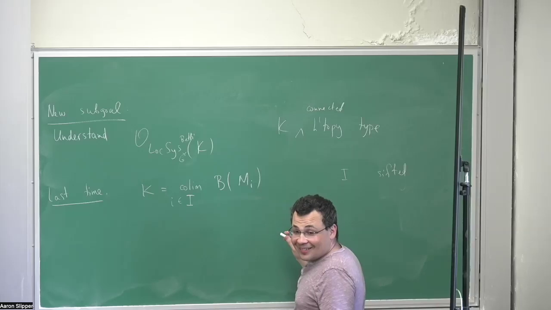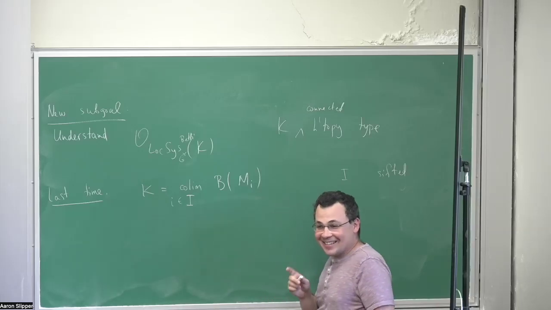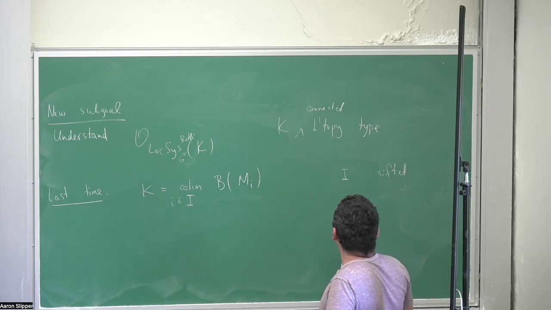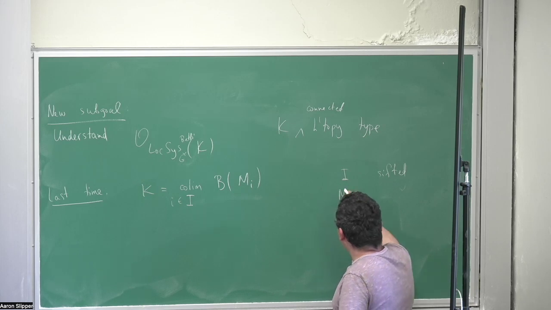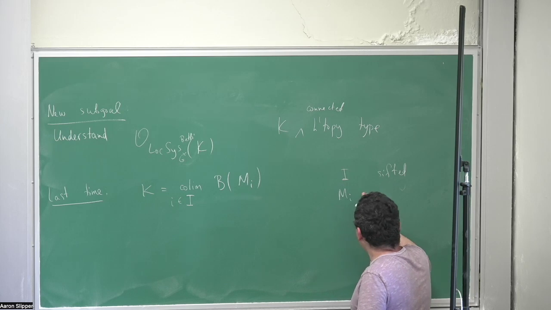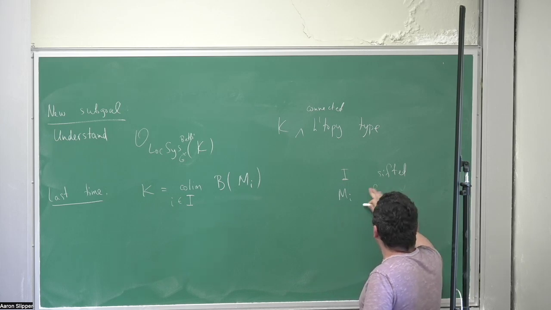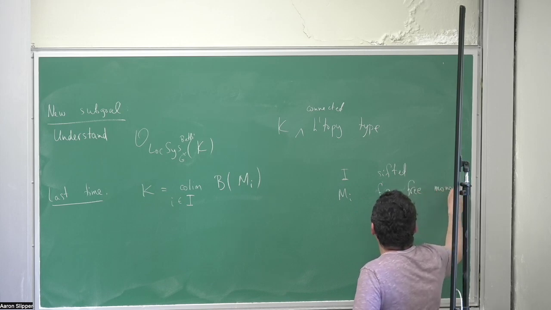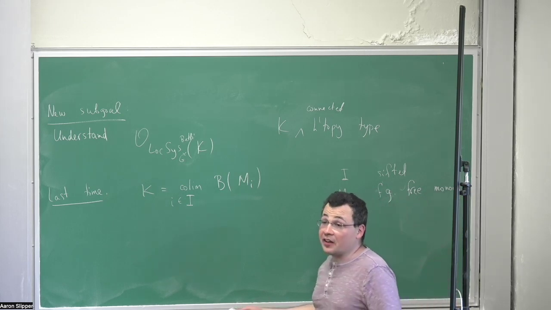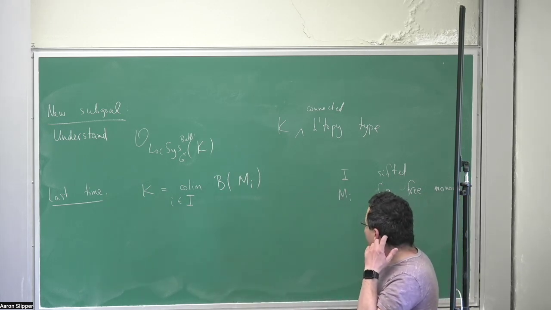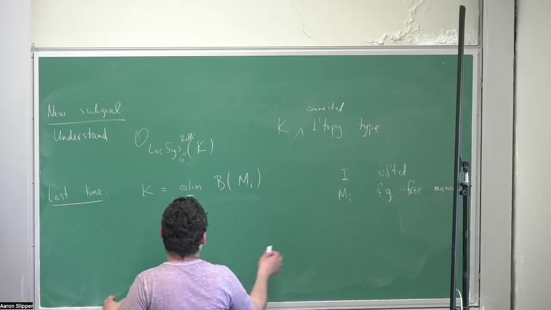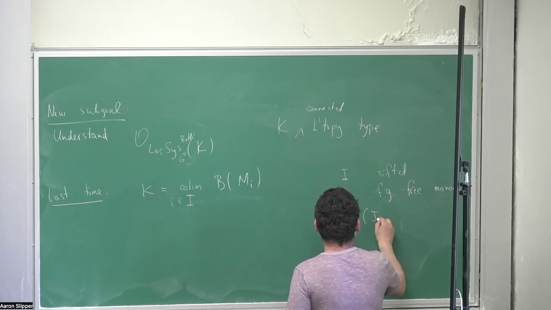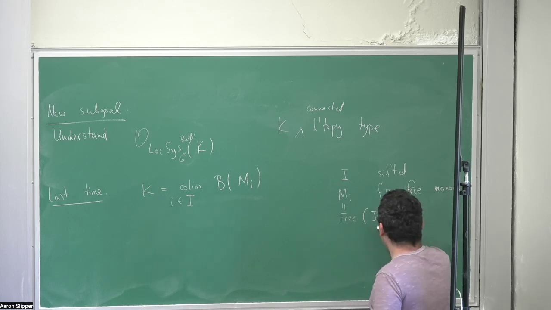Where I is a sifted category, and these M_I are free, finitely generated, free monoid, let's say. So the free monoid on some finite set. So this is the expression that I'm going to use. So free on J sub I, where J is some finite set.